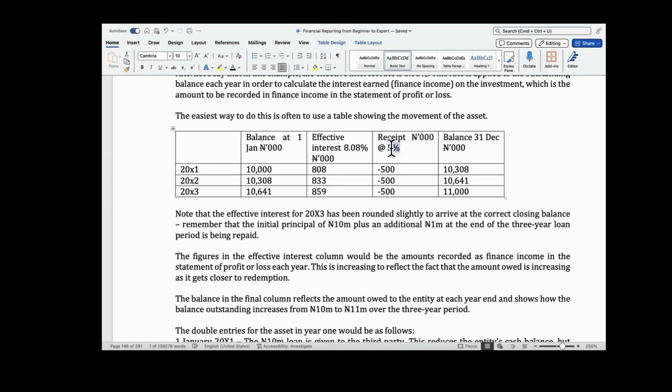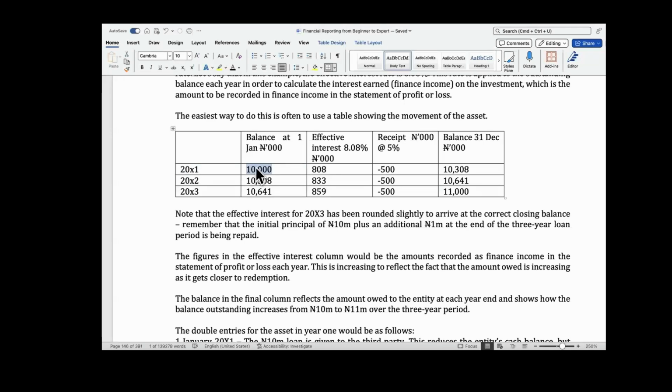This fixed interest is always calculated on the principal, per annum. So that's 500. We are saying out of 808, you only collect 500. That means you are still expecting 308. So you add it to your investments.